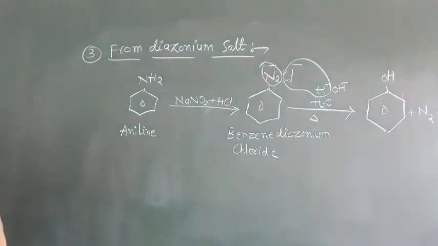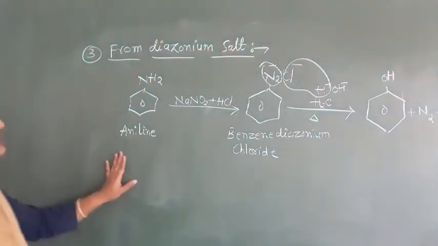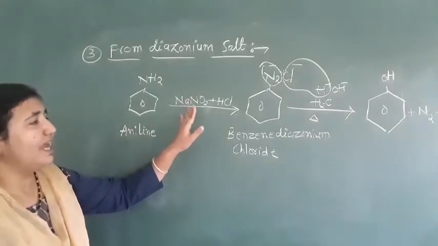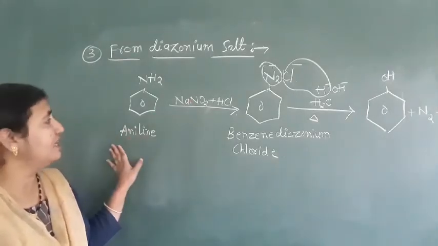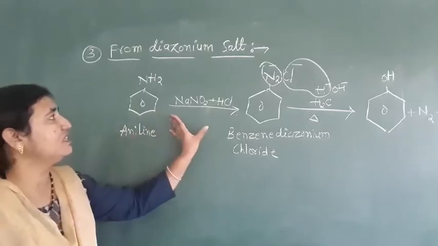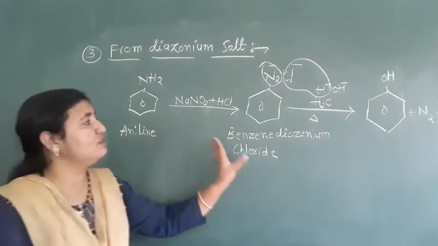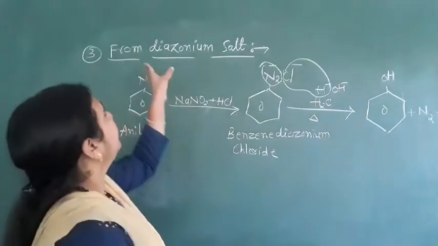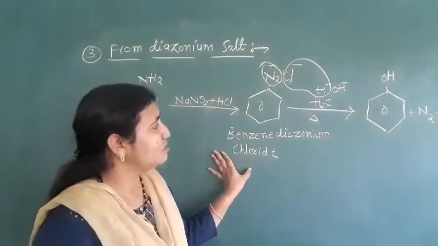So from diazonium salt: this is aniline. When aniline reacts with HNO2, it gives benzene diazonium chloride.